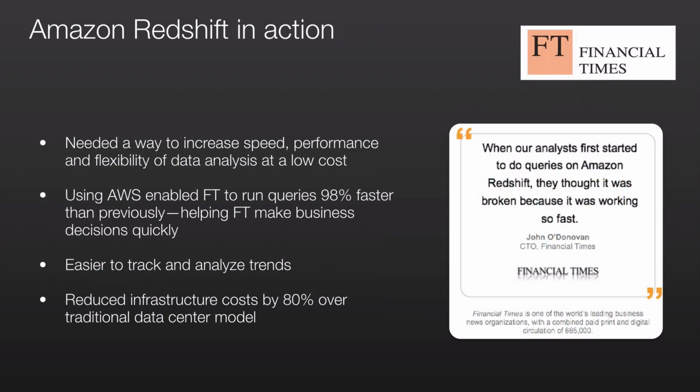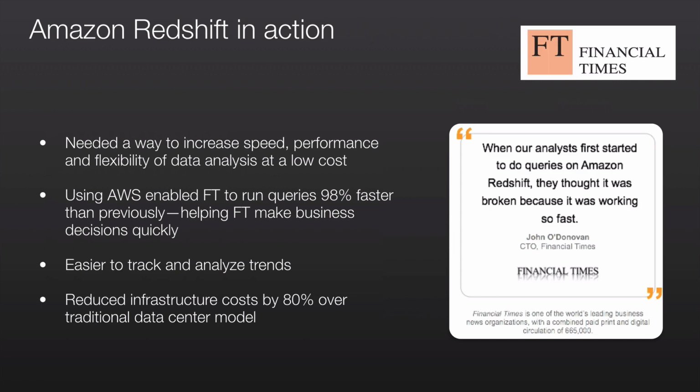And the fact that the system is built specifically for optimizing query-based workloads has led to some really good results for customers. This is a super quote, I really like this, from John O'Donovan, who was the CTO at the Financial Times. He talks about implementing Amazon Redshift as a way for them to increase the speed, performance and flexibility of data analysis. And when implementing Redshift, they found that they achieved a 98% performance improvement in their query run times. In fact, the performance was so good that John and his team at first glance thought that the system wasn't functioning because it was so quick.